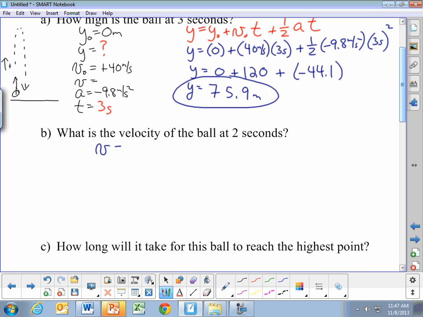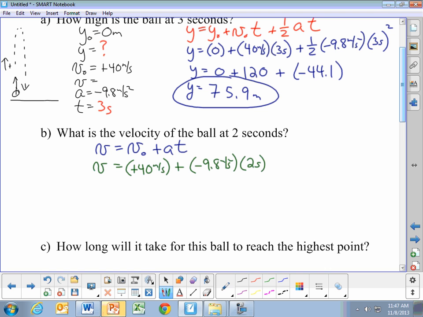Finding the velocity of the ball at 2 seconds. Again, we're going to use the equation that relates velocity and time. The velocity will equal the initial velocity plus the acceleration times the time. So the velocity at 2 seconds will equal the initial velocity of positive 40 meters per second plus negative 9.8 meters per second squared times 2 seconds. So we have 40 plus negative 9.8 times 2.